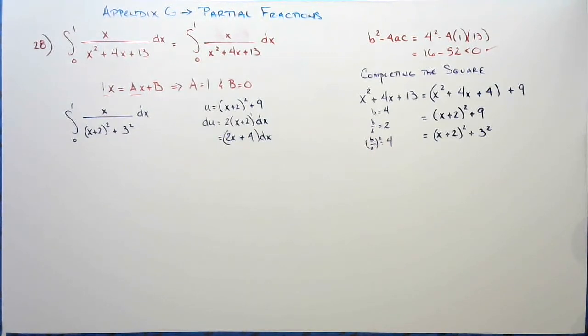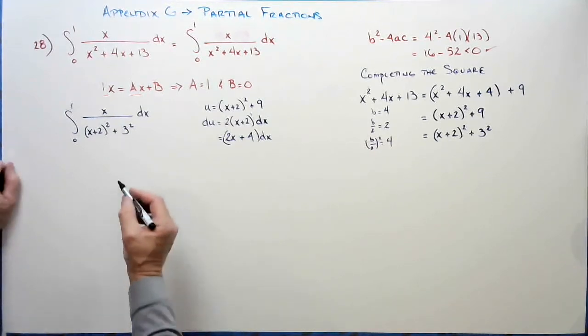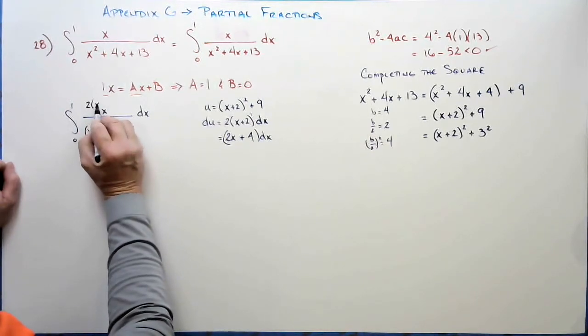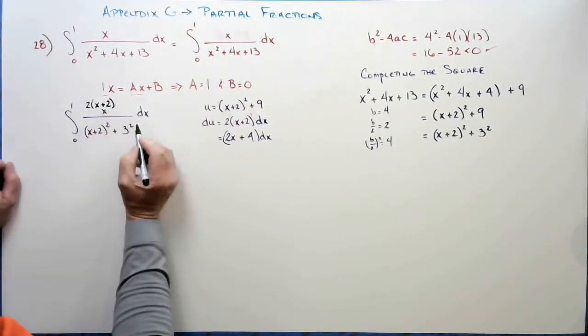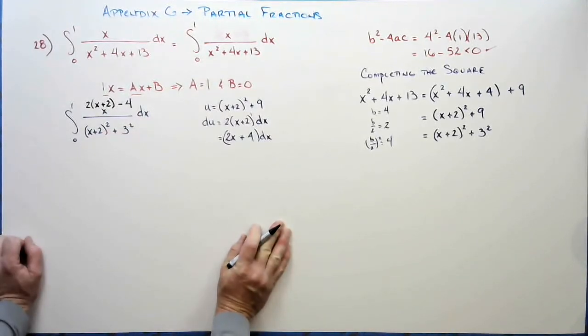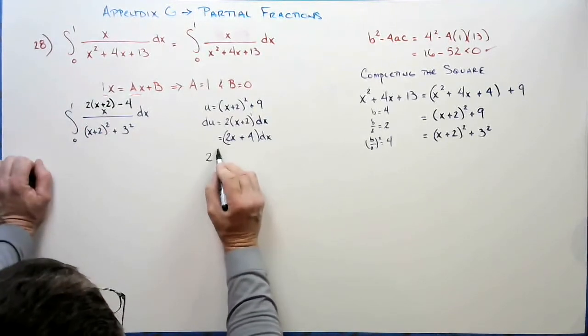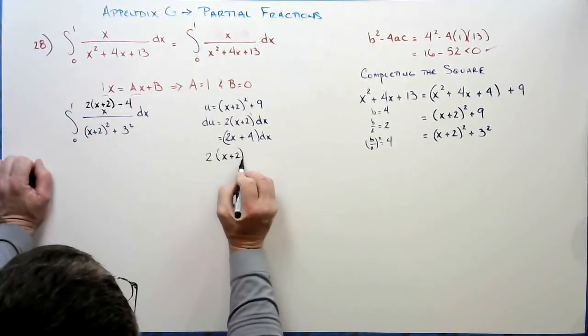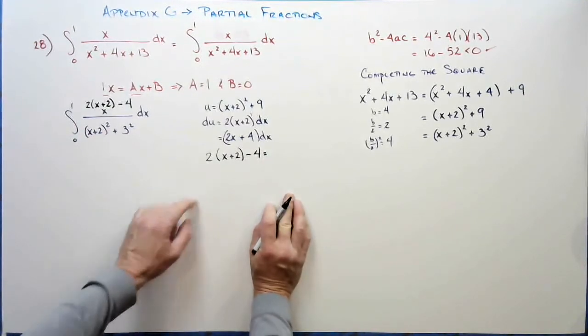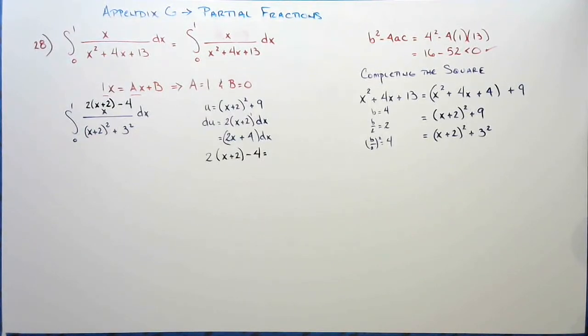Instead of an x up there, we can put a 2 times x plus 2 and a minus 4. Now let's think about what that is. That's a 2 times x plus 2 minus a 4. Sorry about that, my dog started barking.